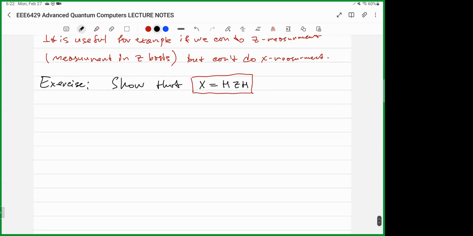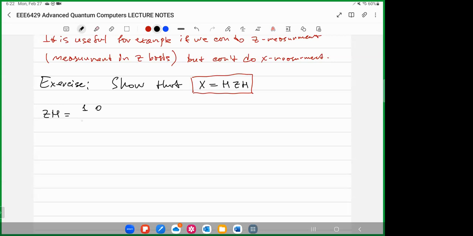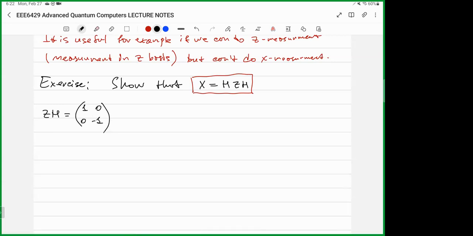So yeah, let's demonstrate that. First let's show that the product of Z and H, I mean, let's find this product of Z and H. Z is equal to (1, 0; 0, minus 1). The H is 1 over square root of 2 times (1, 1; 1, minus 1). Right. So for the product, let's take this 1 over square root of 2 out, and now rows by columns.